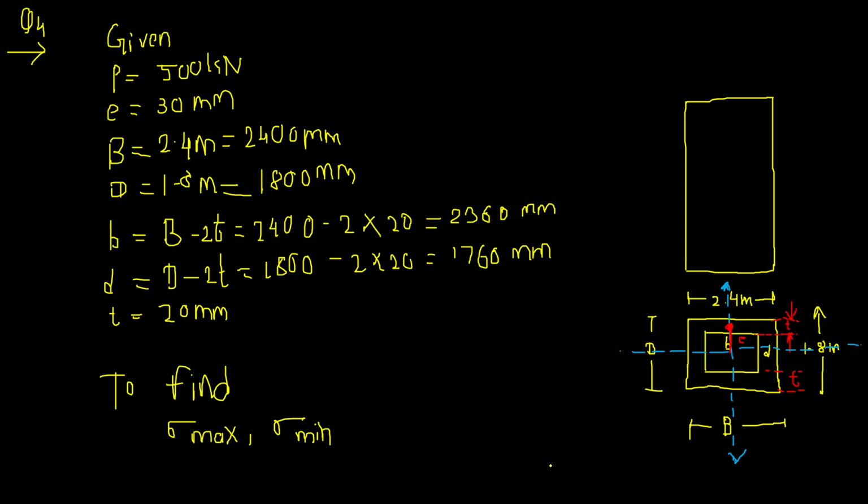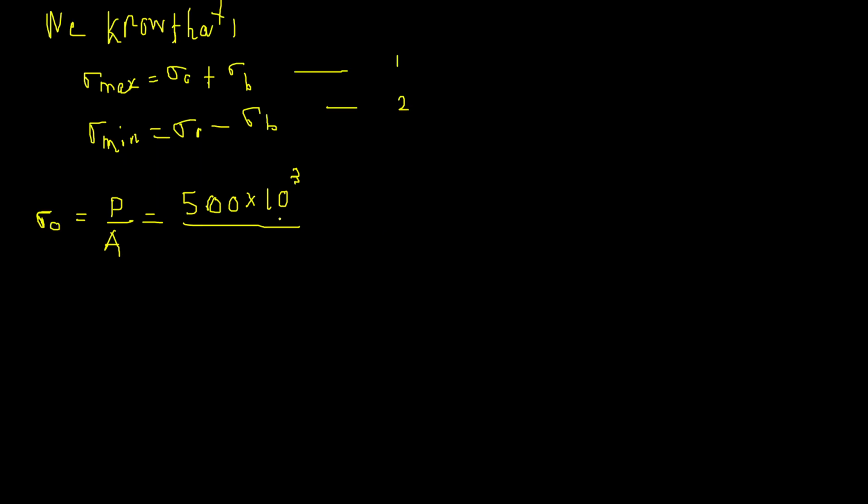That means the area in this case is equal to capital B into capital D minus small b into small d. Outer area minus inner area. So write down the same thing here also. What is the outer area? Capital B is 2400, capital D is 1800, minus small b into small d.